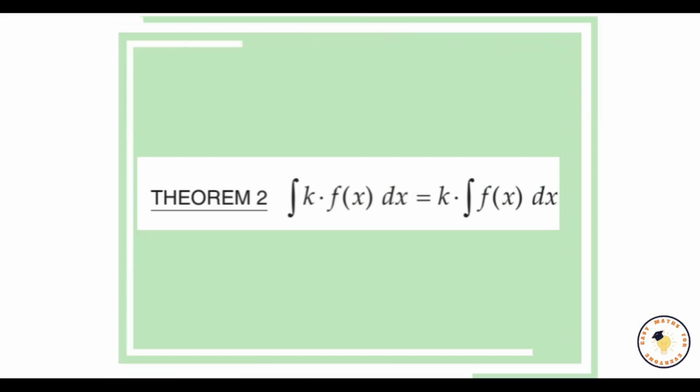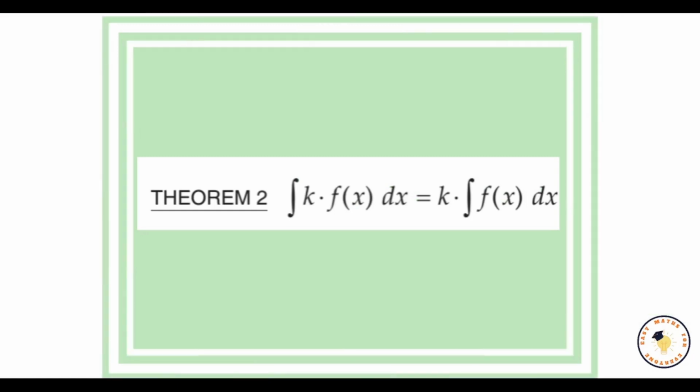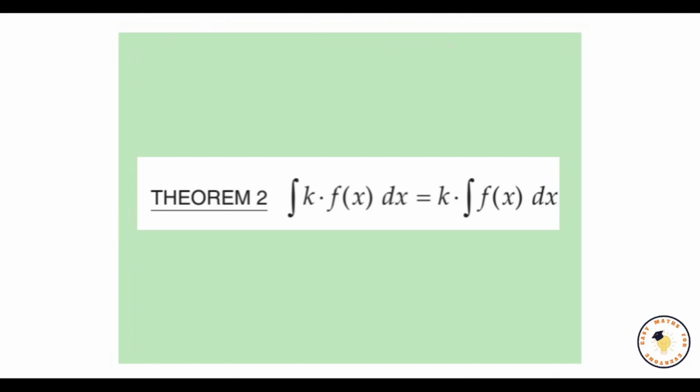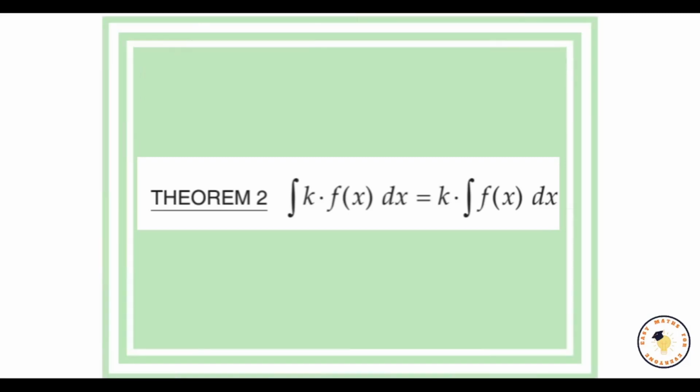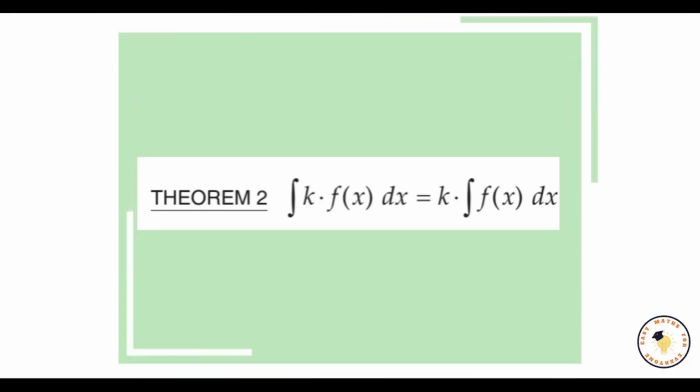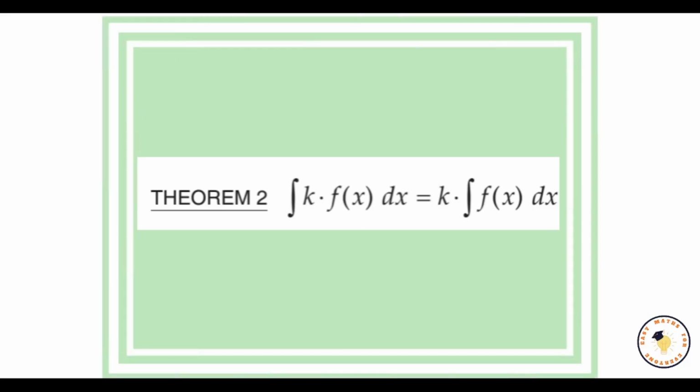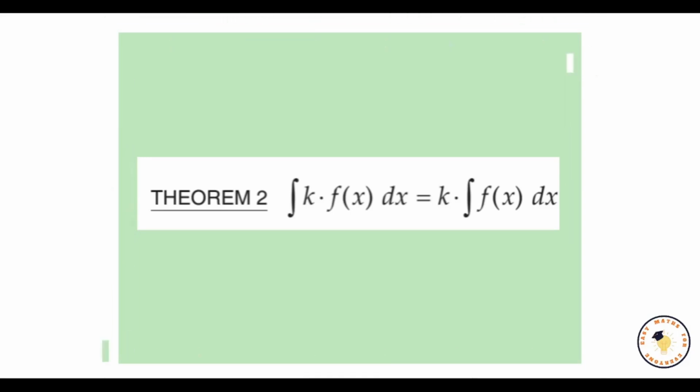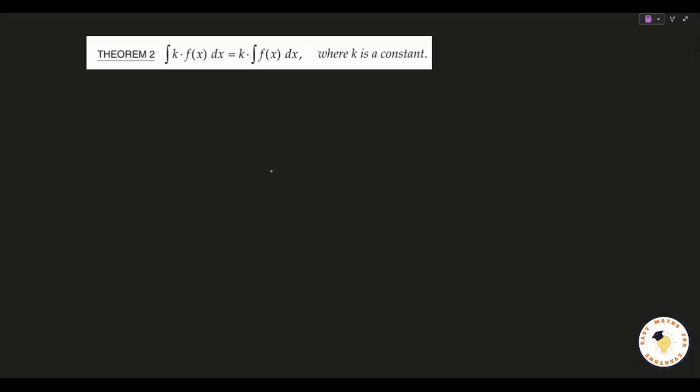Let's learn the theorem number 2, which says integral k times f of x dx equal to k times integral f of x dx, where k is any constant. Let us see how to prove this theorem. As we have done in the previous theorem, here also we are taking integral f of x dx equal to capital F of x.